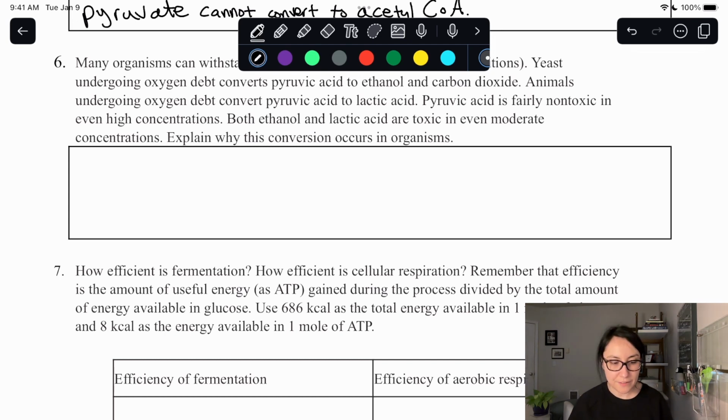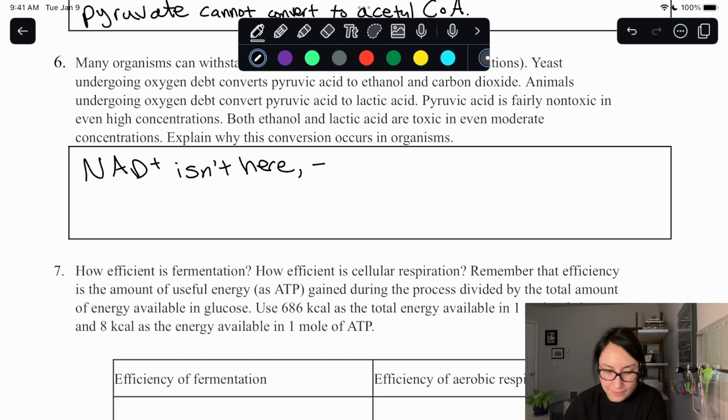to organisms. It basically comes back to NAD and NADH. For this one, we focus more on NAD plus. So NAD plus isn't available. Let's just say it isn't here. Therefore, glycolysis stops.